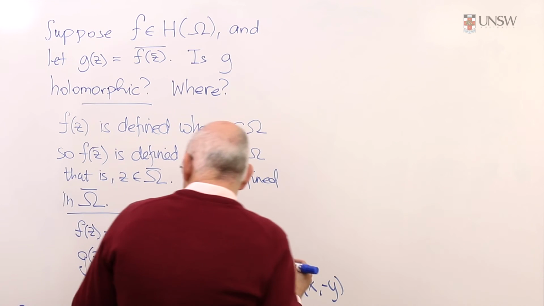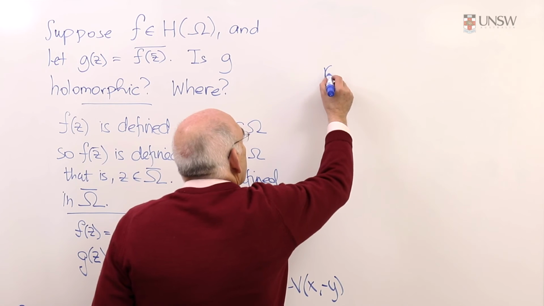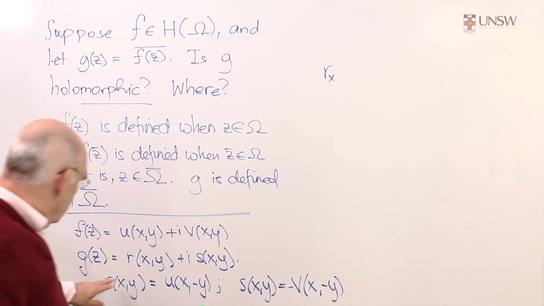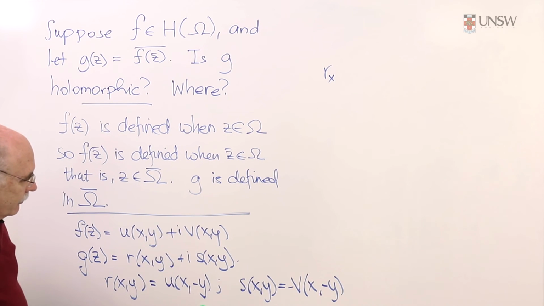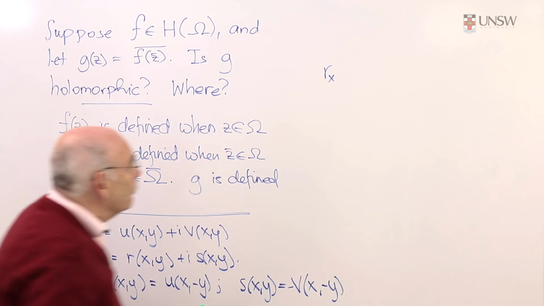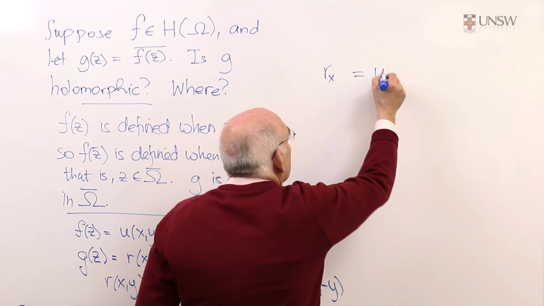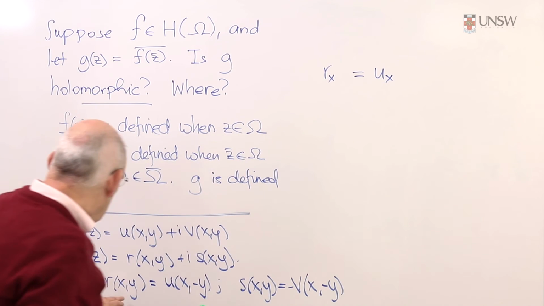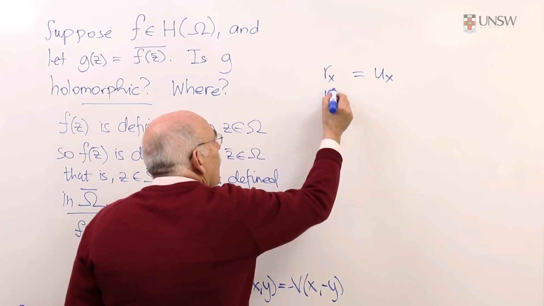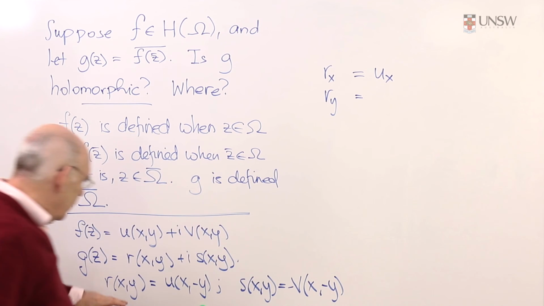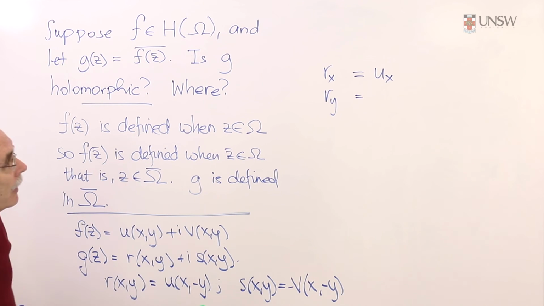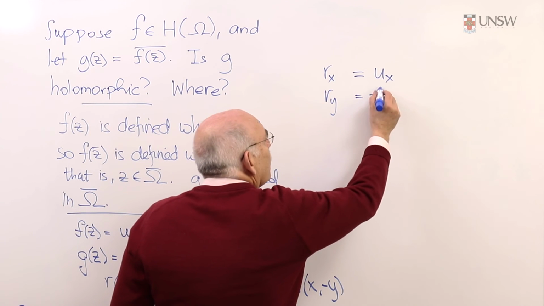But let me see if I can do the Cauchy-Riemann equations. So with respect to x, I'm differentiating this with respect to x, so I'm differentiating that with respect to x, and that's equal to u x. Now I differentiate with respect to y, r y. When I differentiate with respect to y, because of the minus sign there, I get that's minus u y.